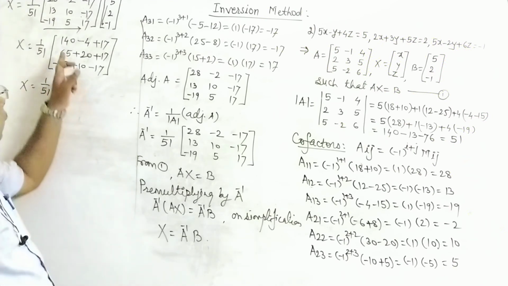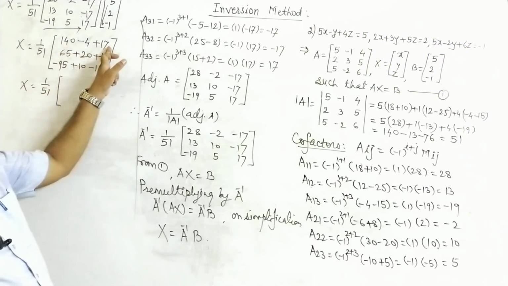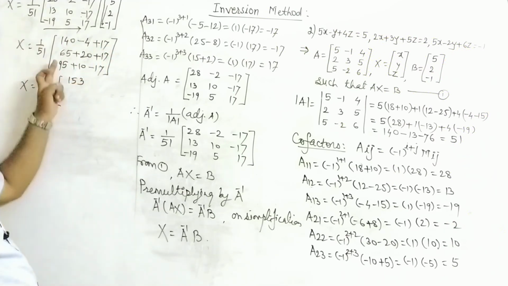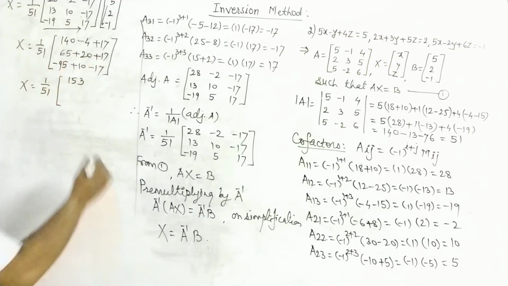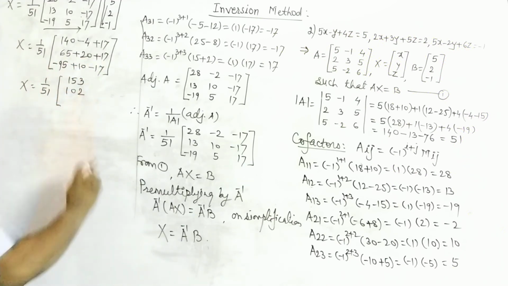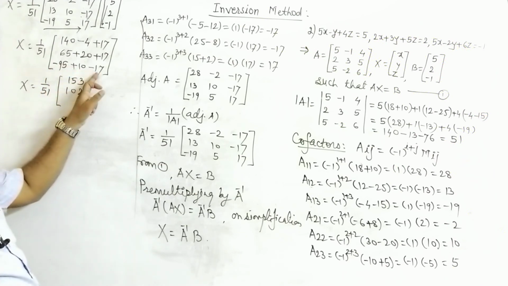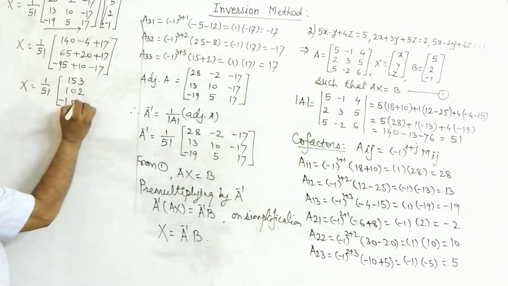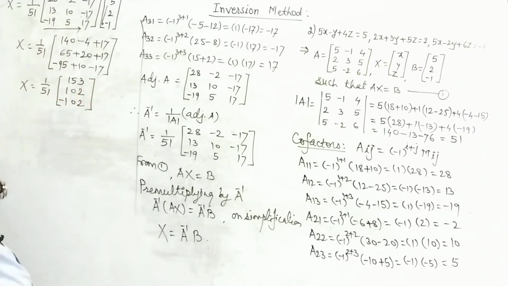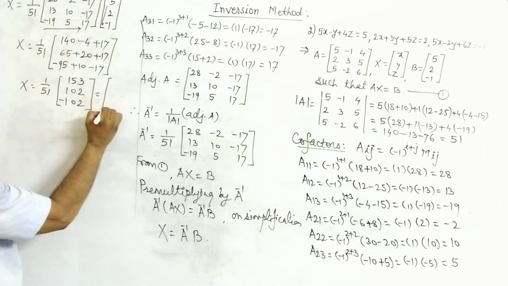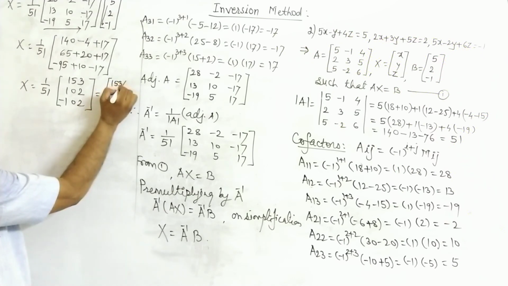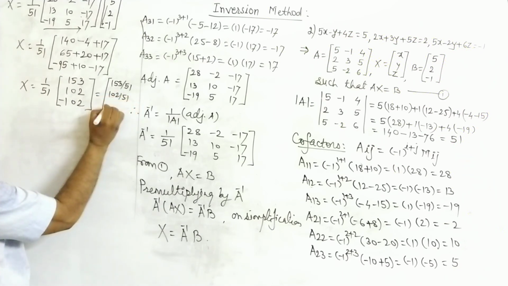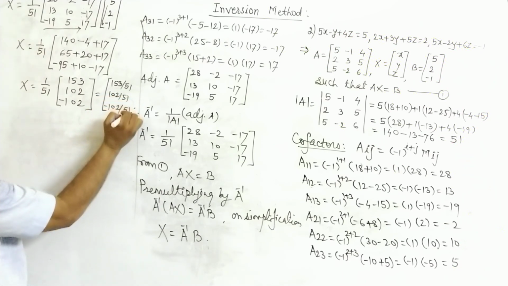So therefore x is equal to 1 upon 51. Now simplification: 140 plus 17, 157. 157 minus 4 is 153. 65 plus 20, 85. 85 plus 17, 102. Now minus 95, 10 minus 17 is minus 7. Minus 95 minus 7 is minus 102. Now divide this by 51. So it becomes 153 divided by 51, 102 divided by 51, minus 102 divided by 51.